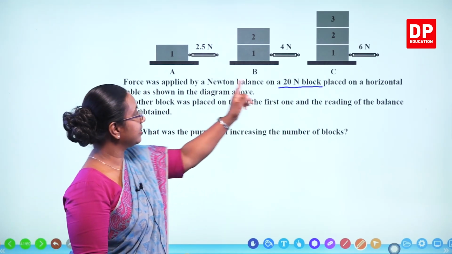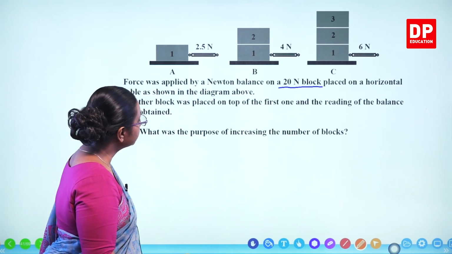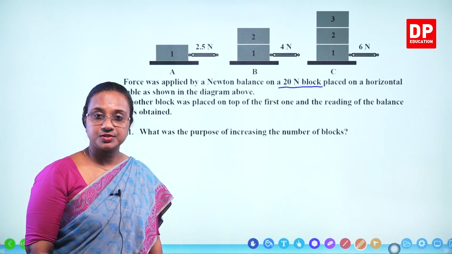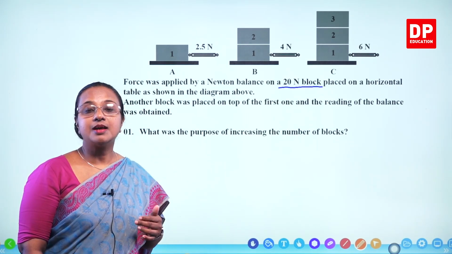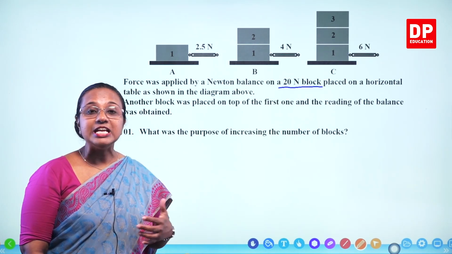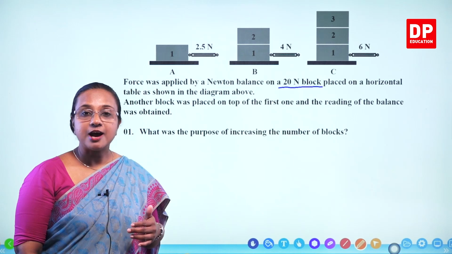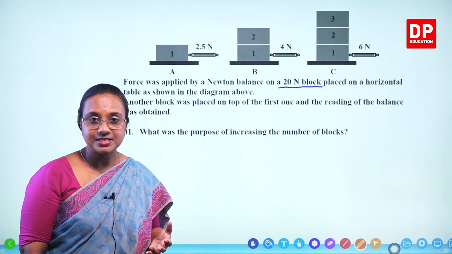So here you can see the 3 different readings. What was the purpose of increasing the number of blocks? You know the purpose. When we increase the number of blocks, the weight of the blocks increases. Therefore, the perpendicular reaction increases.